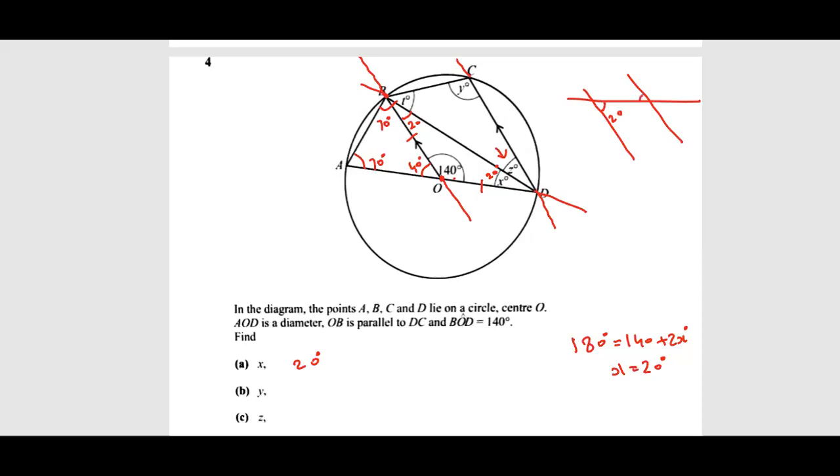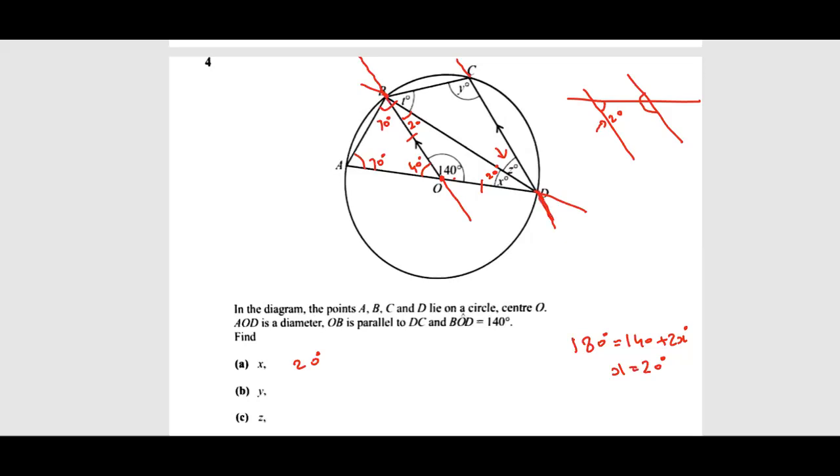What would be this angle? Okay, 20. This angle is 20. This angle is going to be what? Just think about it this way, that this is the line and this is the other line.